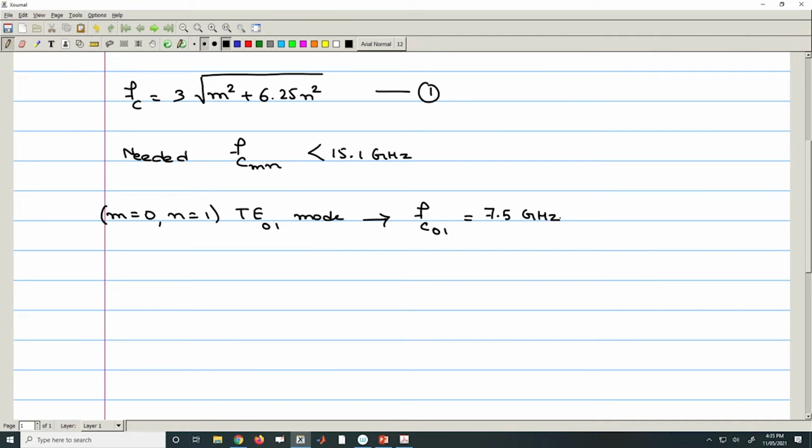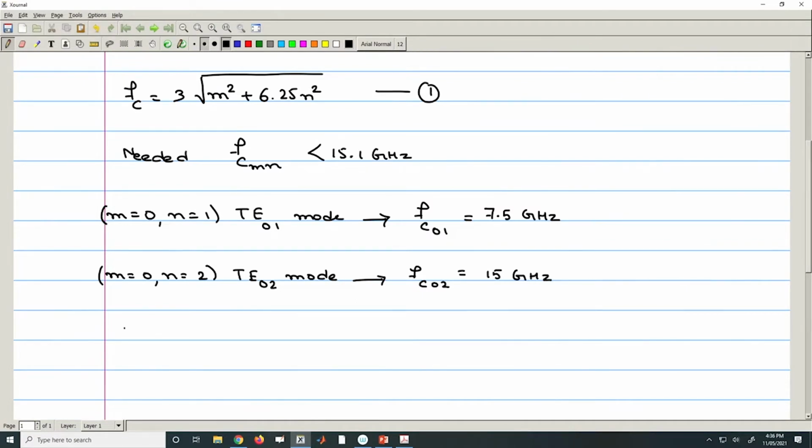Okay. So now the next will be m is 0, n is 2. Therefore for TE02 mode we will get f_c02 as 15 gigahertz.